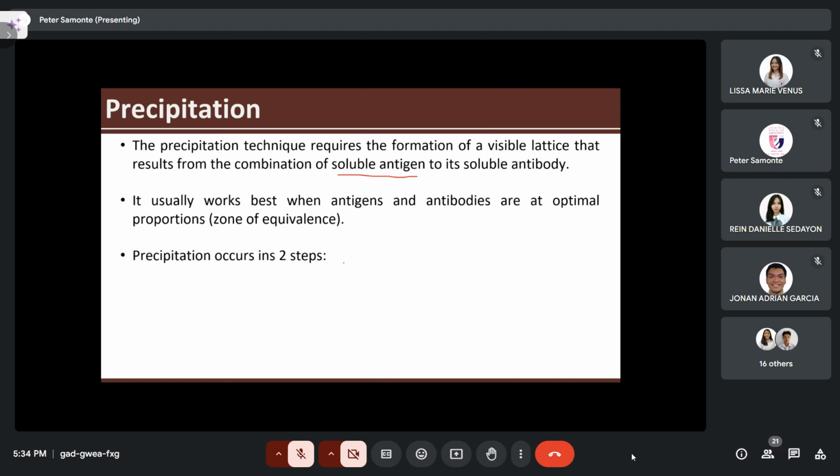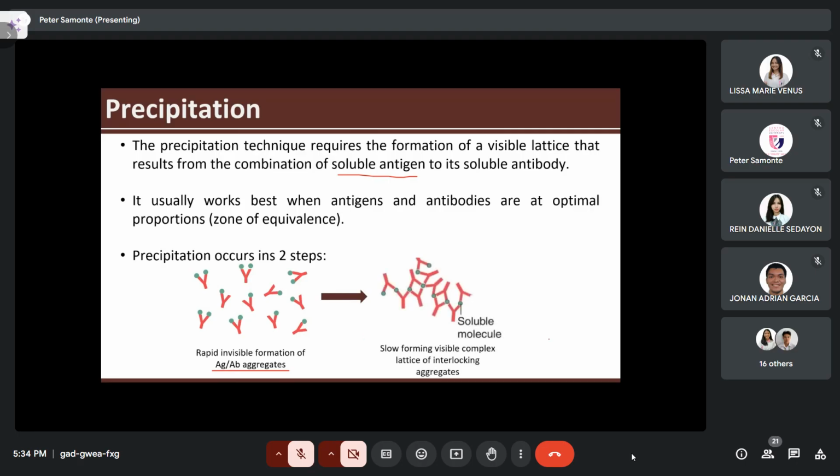Now, precipitation class would occur in 2 steps. Number 1 would be the rapid invisible formation of antigen antibody aggregates. While the second one is the slow forming visible complex of lattice of interlocking aggregates class. So take note of that. So the first one again is the rapid invisible formation of antigen antibody aggregates.